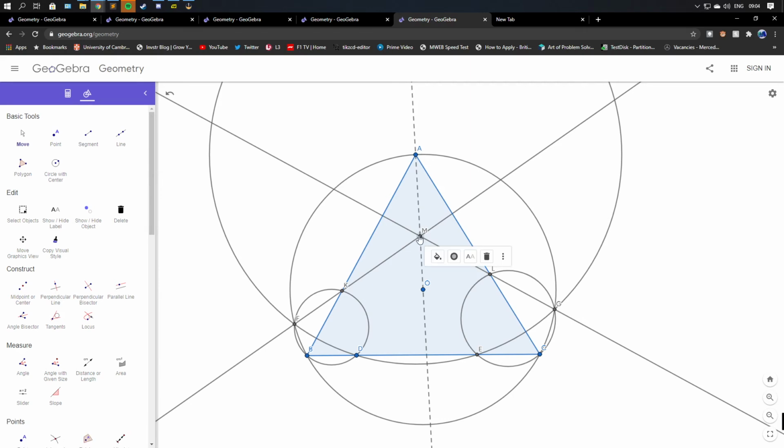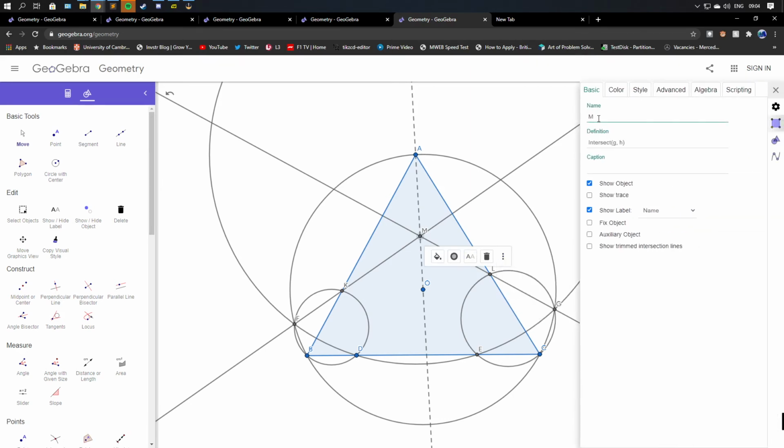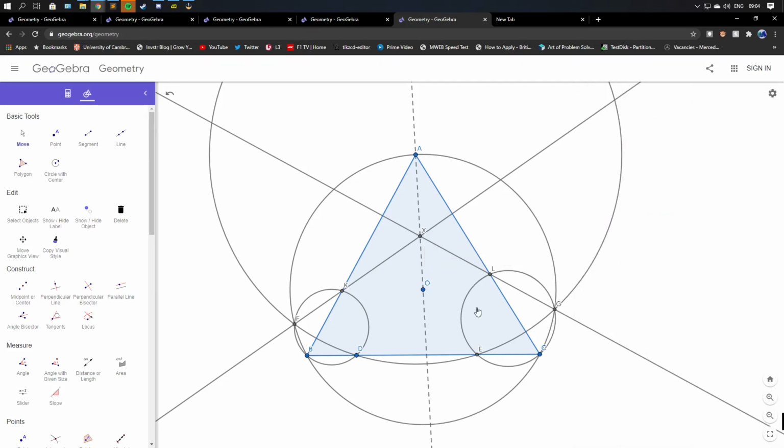And let's just call this X. Now, the interesting thing to note here is that AO is the line between the centers of the circles, gamma and omega, which means it perpendicularly bisects the line that runs between the intersection points.